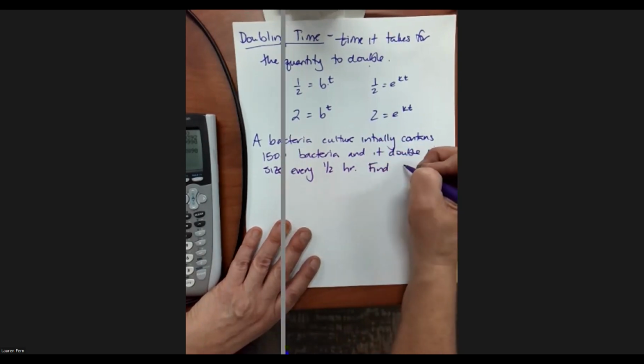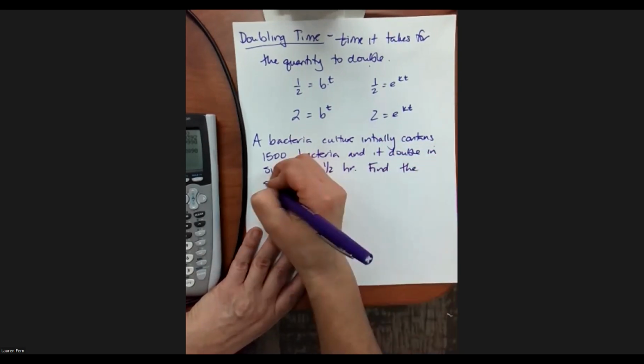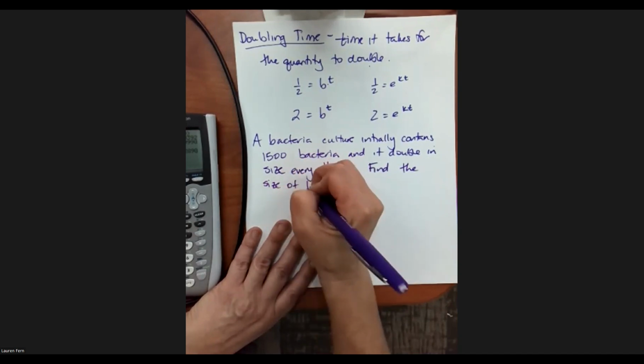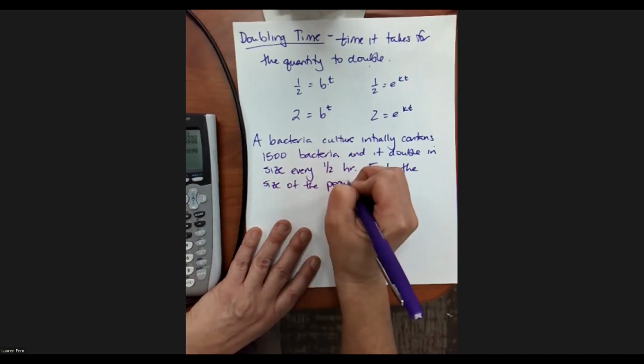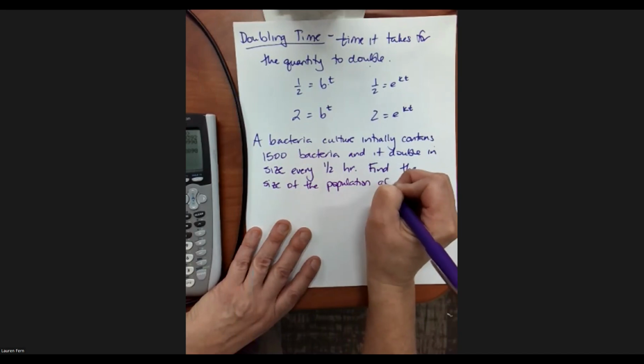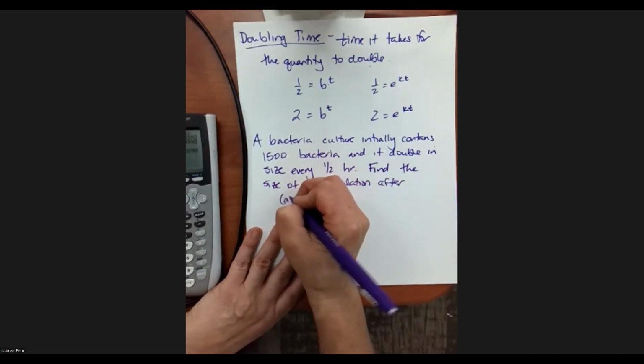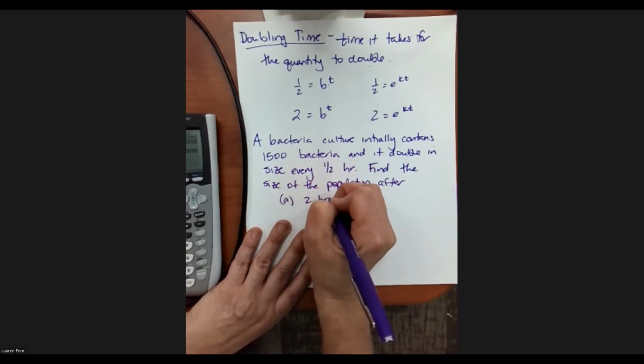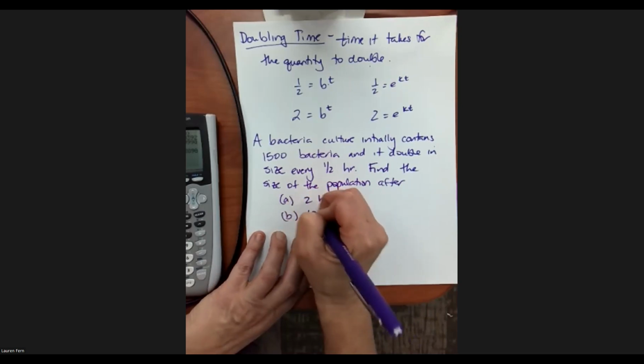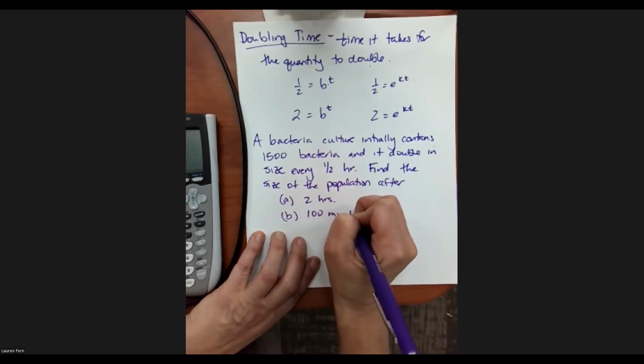What we then want to do is find the size of the population after, how about 2 hours? And then do it for 100 minutes.